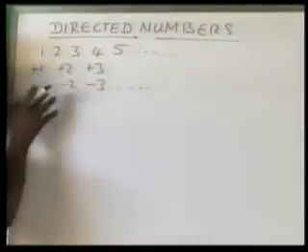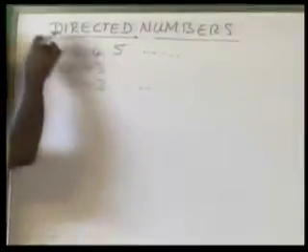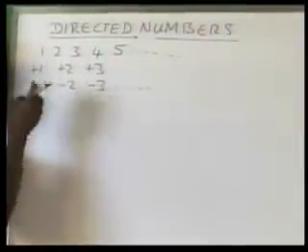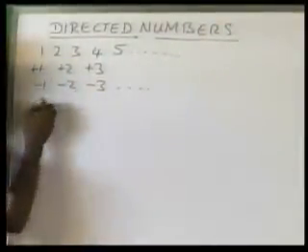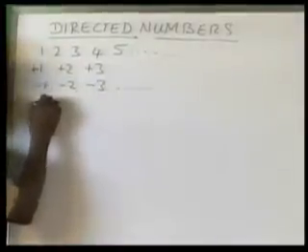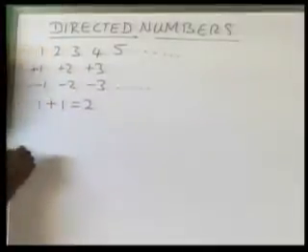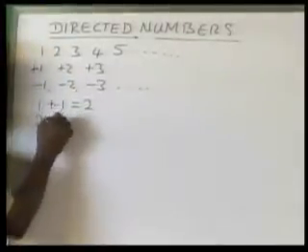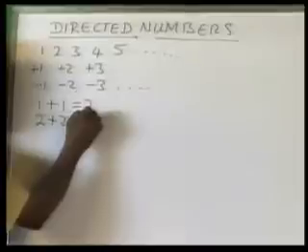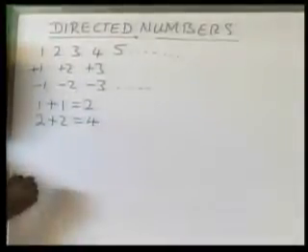So we come back to the positive ones. You know, when we are small, we will say 1 + 1 is equal to what? 2. 2 + 2 is equal to what? 4. We are used to that.